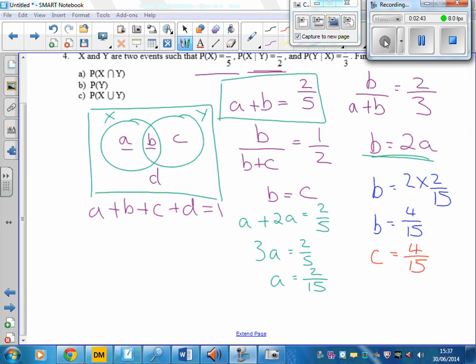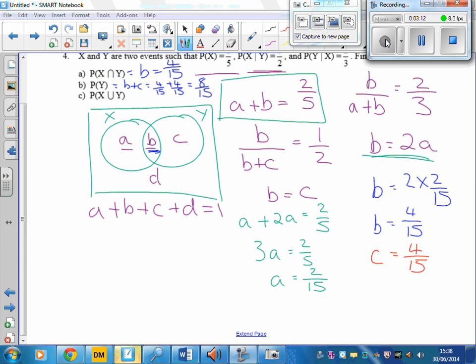We're now in a position to actually answer the questions. We want the probability of X and Y, that is the intersection, which will just be B, which we now know is 4/15. The probability of Y, which will just be B add C, which is 4/15 add 4/15, which will be 8/15.